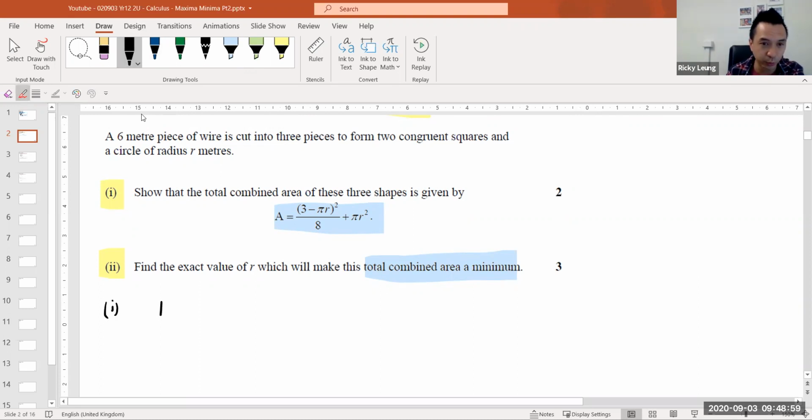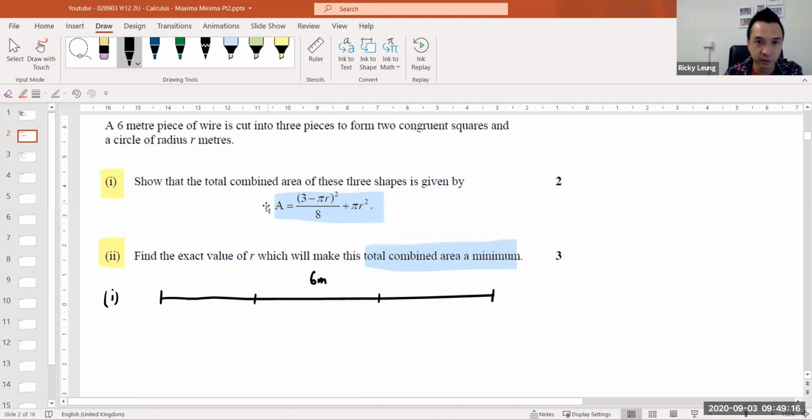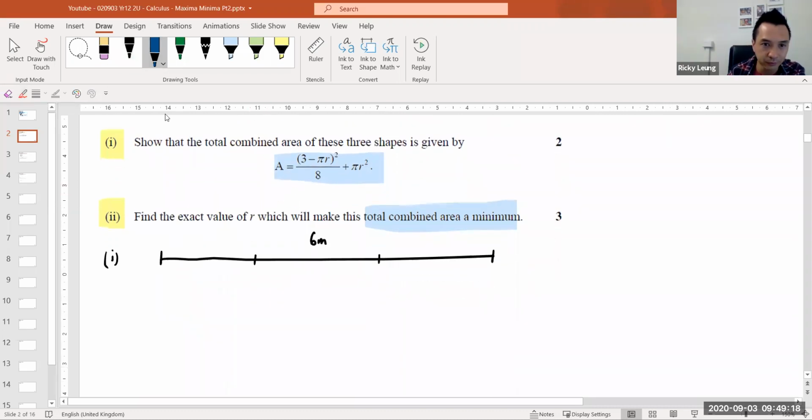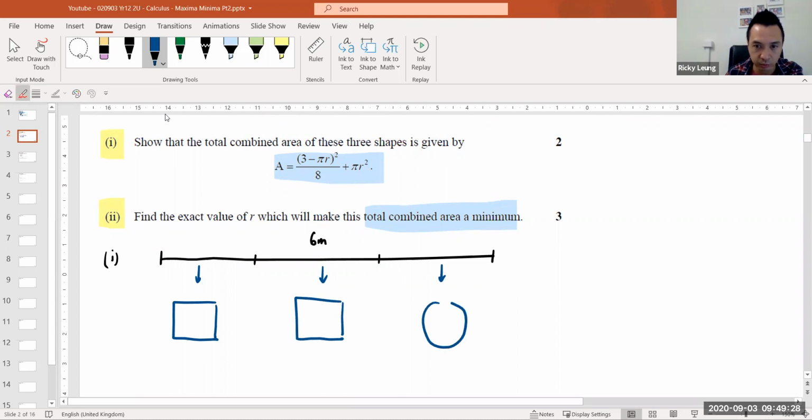In this question, there is a 6-meter length of wire, and it is cut into 3 parts, where the first 2 parts are used to create 2 identical squares, and the third part is used to create a circle. So if we picture it, this piece here creates a square, this one here creates a square, and this one here creates a circle.